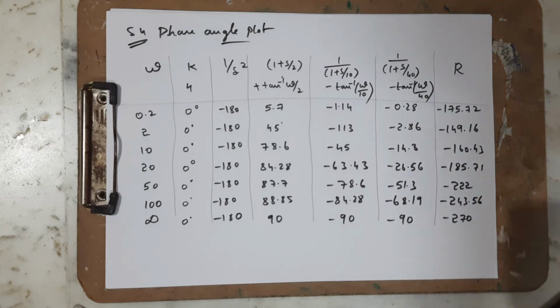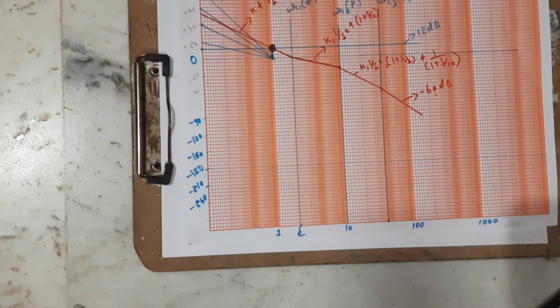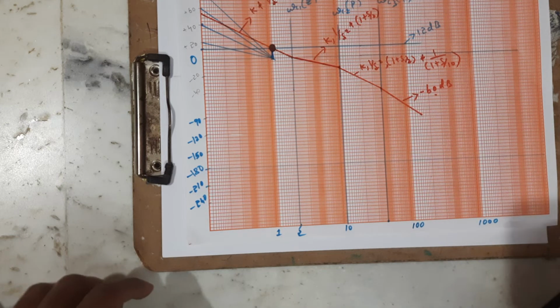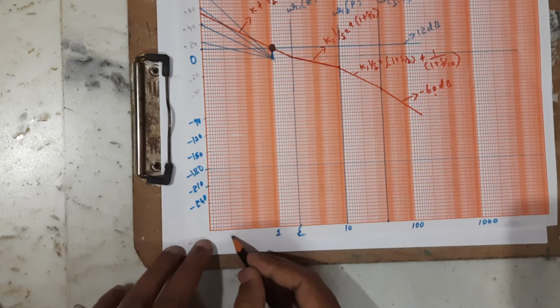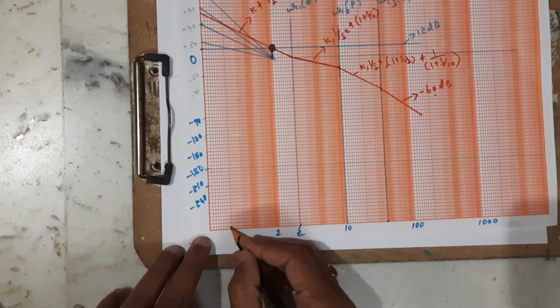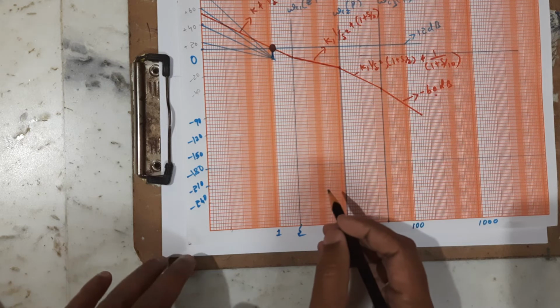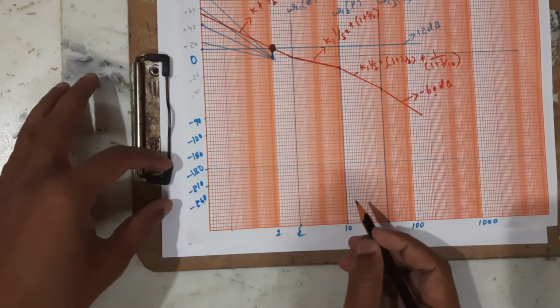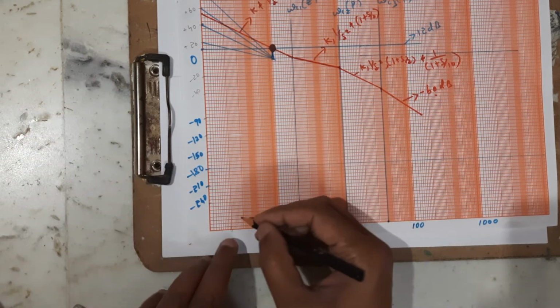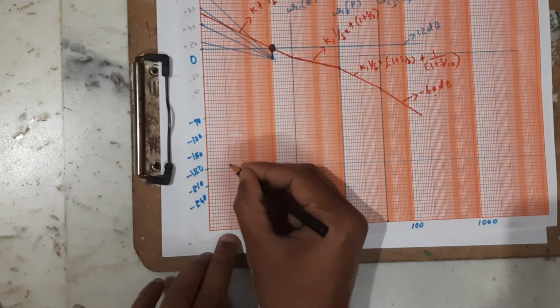Now the phase angle plot. I am going to mark all these points. When omega is equal to 0.2, the value is minus 175, somewhere here.